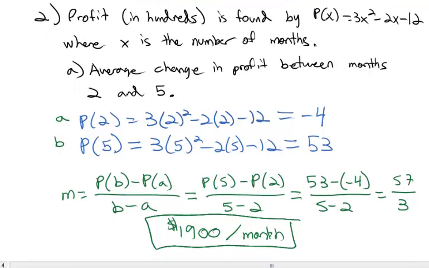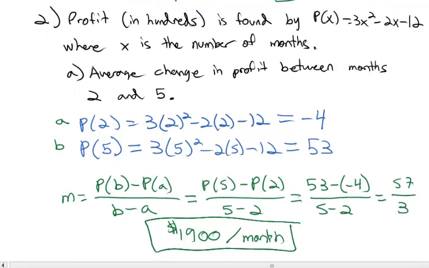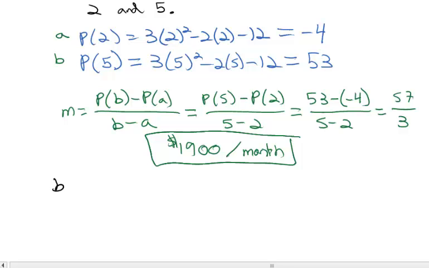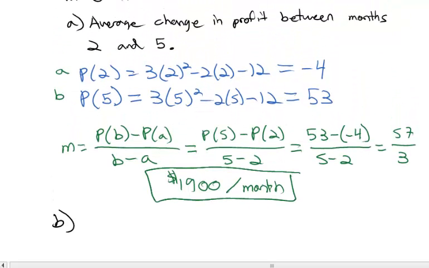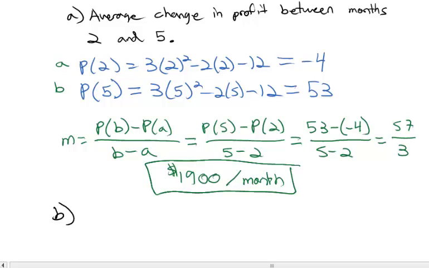Let's do one more using that formula. Part B. Let's shrink down our window. We were going between months 2 and 5 last time. Let's just go between months 2 and 3.